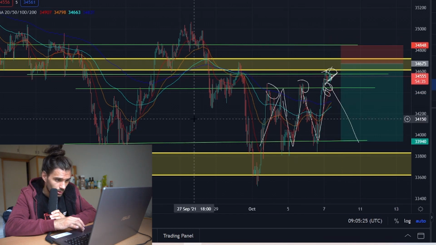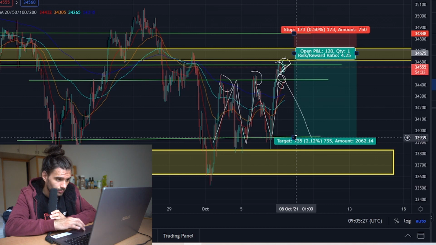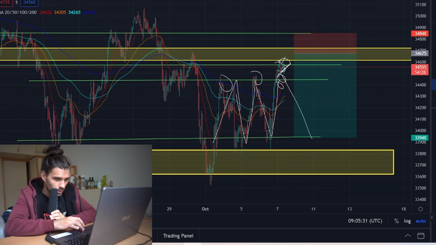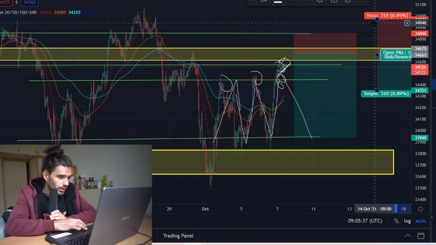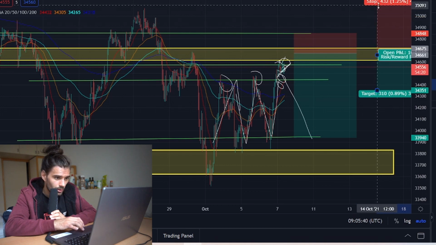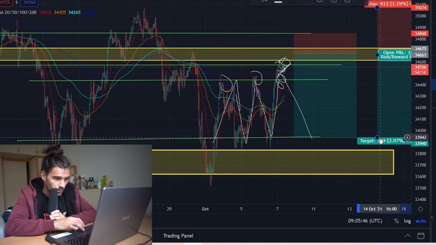So let's just quickly make two trades. The target would be the 3,900 levels. So here is the other possible trade to take, which would be here, something like this.